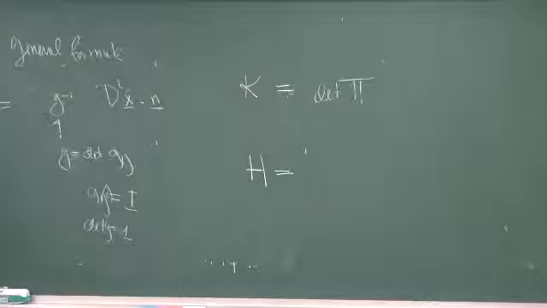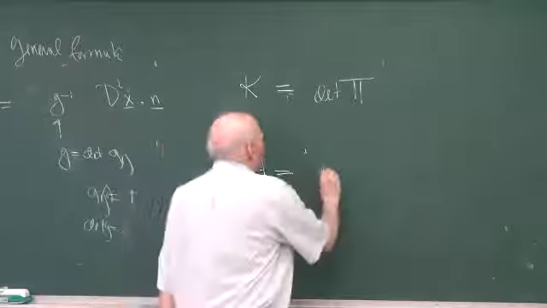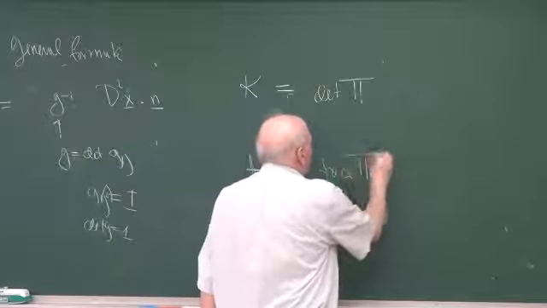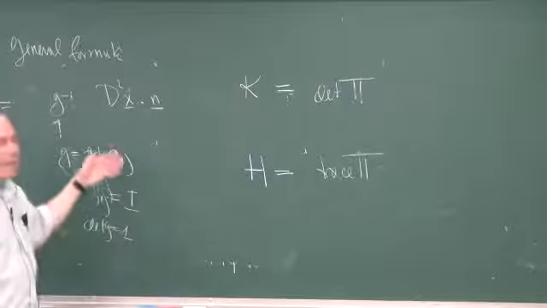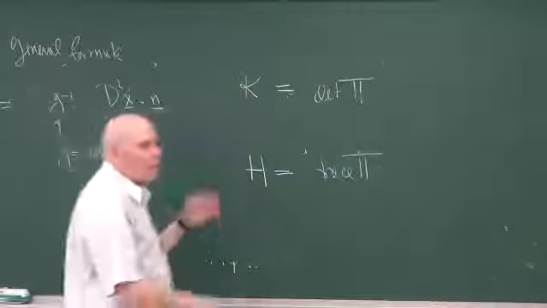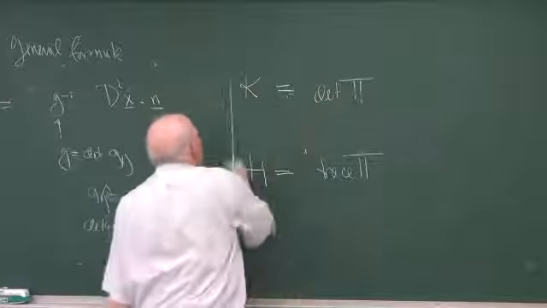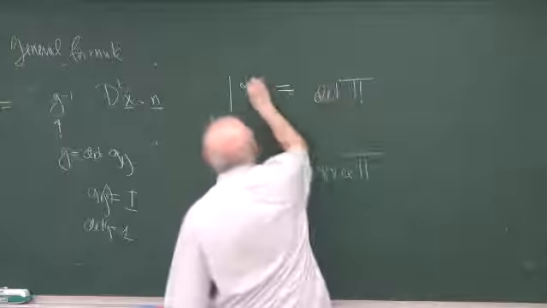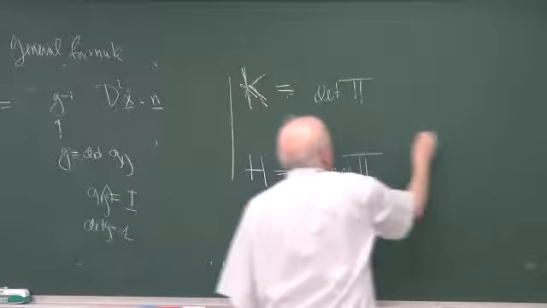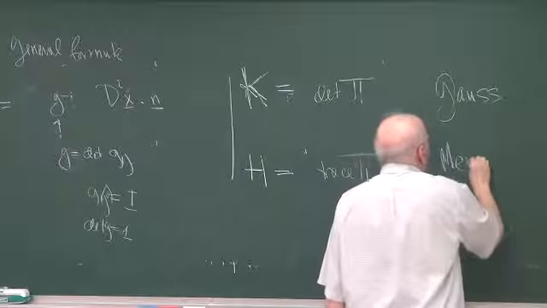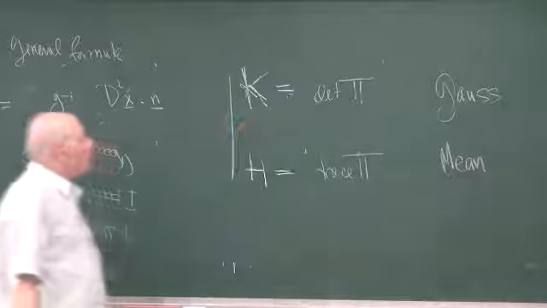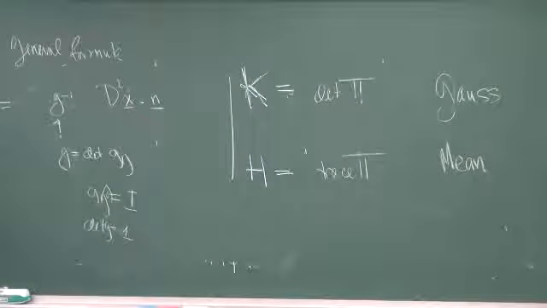That's the trace. So now we have the mean curvature and the Gauss curvature well defined, even with G there, and we don't have to do any special thing. So we have the Gauss curvature, capital K, and the mean curvature, very nicely defined in terms of nice, simple, linear algebraic concepts.